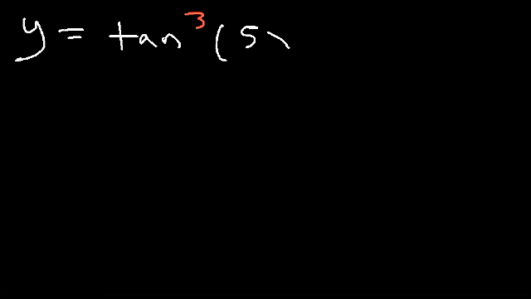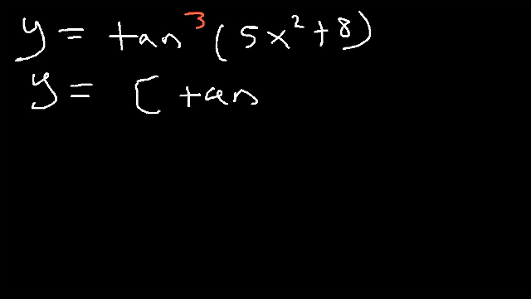Now, what if you have a question that looks like this? Let's say y is equal to tangent raised to the third power of 5x squared plus 8. Use the chain rule to find the derivative of that expression. The first thing I would do is rewrite it. This is equivalent to tangent of 5x squared plus 8, but the entire thing is raised to the third power.